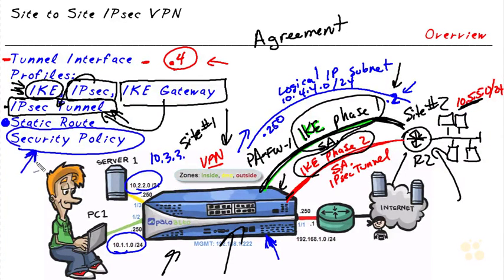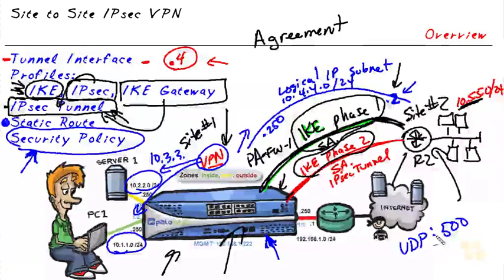And then we're also going to have some new rules in our security policy. We're going to have rules that control the access between, for example, the VPN zone and the inside zone or the DMZ zone. That concept is very similar to what we did with the remote access SSL VPNs. And we also need to set up some security policy rules to allow the negotiation between R2 and the Palo Alto firewall itself. IPsec negotiates IKE Phase 1 tunnels using UDP port 500.